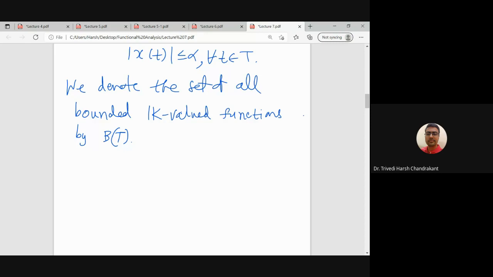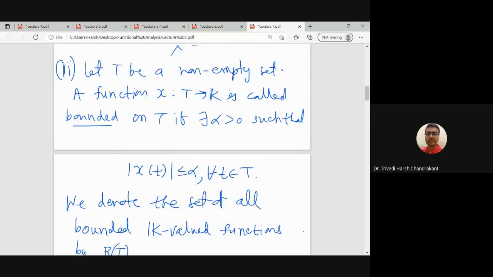And we can easily check that it is a vector space. So if we take two functions x and y, x is bounded by alpha, y is bounded by beta, then we can show that x plus y is bounded by alpha plus beta. So essentially x plus y is also a bounded function, right? So we are taking pointwise addition of functions, and in the same way we can define pointwise scalar multiplication.